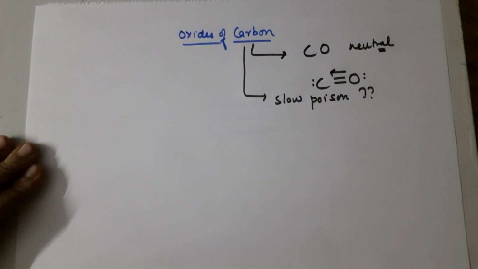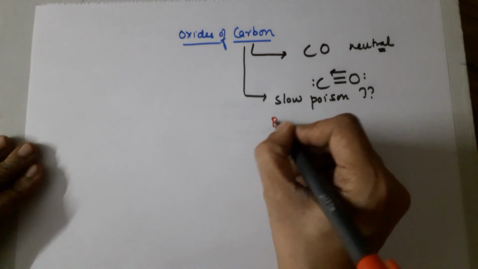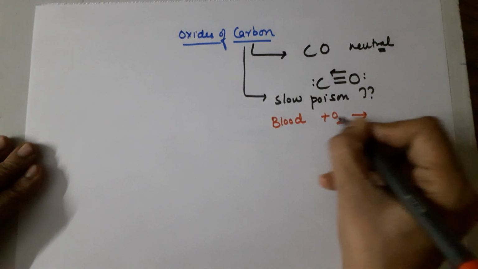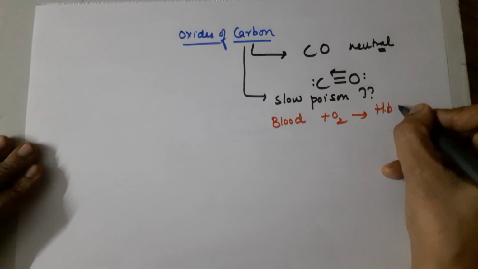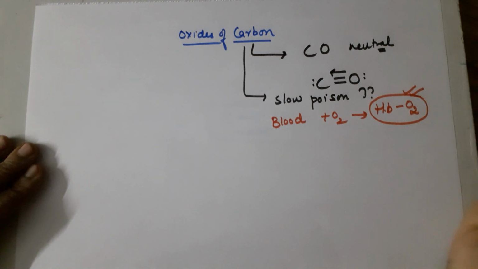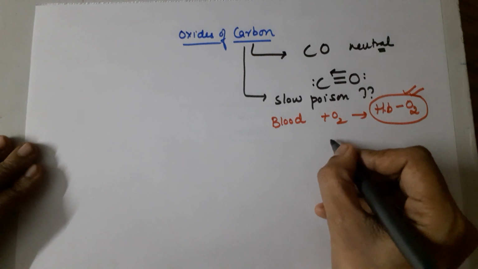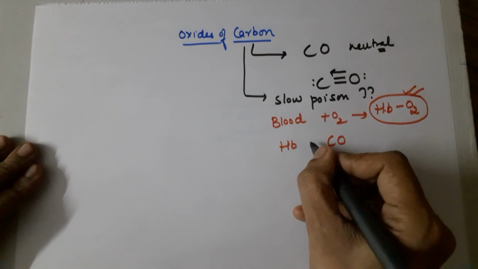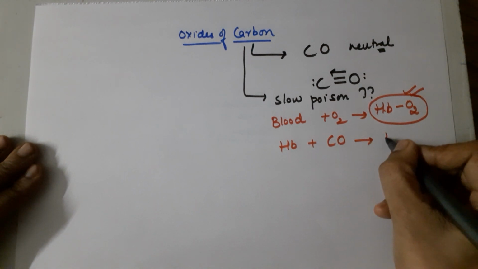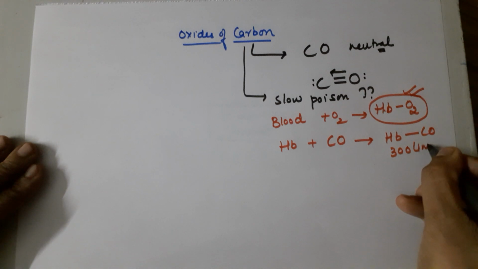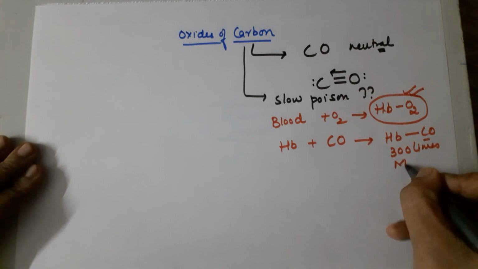Now why is it called a slow poison? Each one of us has blood which combines with oxygen, where the hemoglobin of the blood binds to the oxygen, and you are alive due to this breathing where hemoglobin binds to oxygen. Now in the presence of carbon monoxide, it is found that hemoglobin combines with carbon monoxide to an extent of 300 times more.